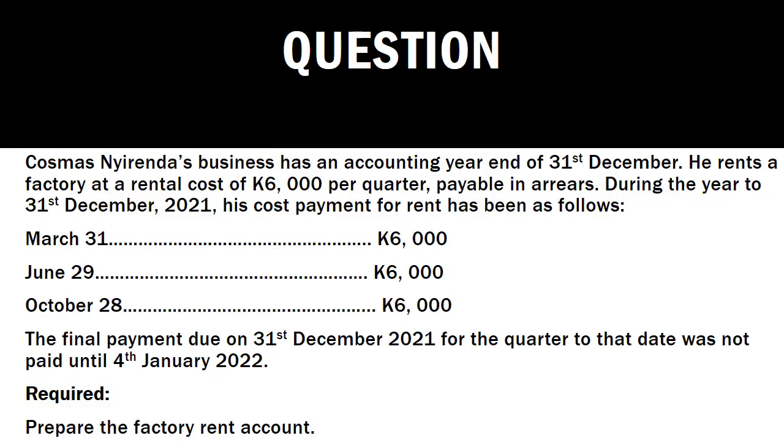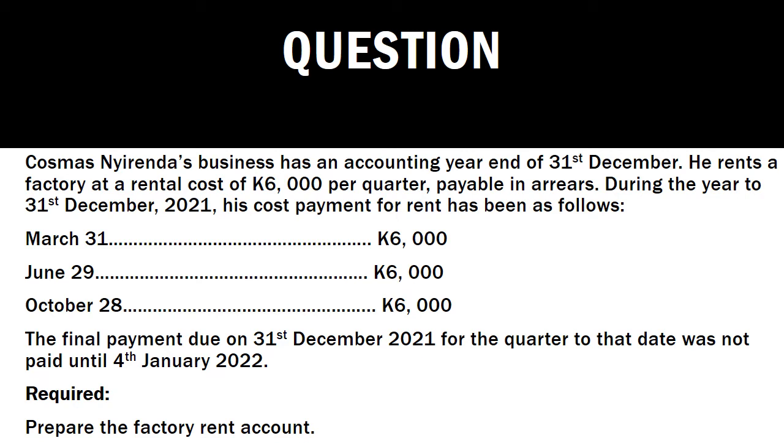So to begin with, we'll look at the accruals, and we'll first of all look at the question which says: Cosmos Nyirenda's business has an accounting year end of 31st December. He rents a factory at a rental cost of 6,000 kwacha per quarter, payable in arrears.